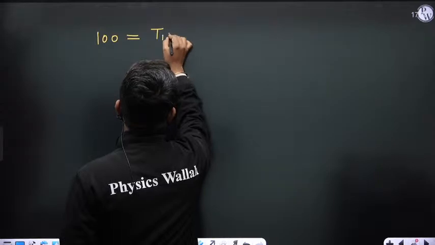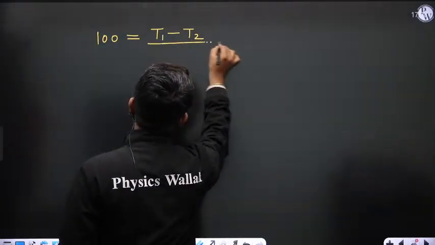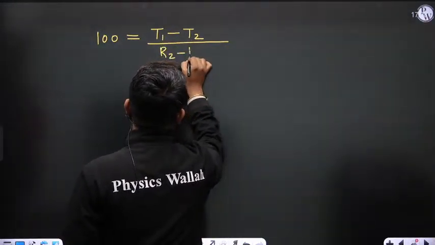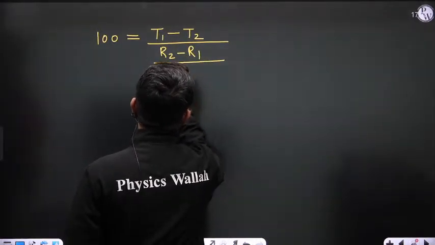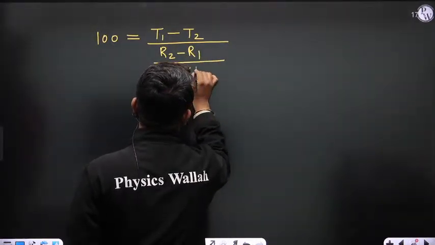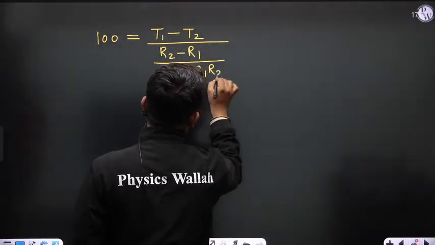What is the conduction heat transfer? This is T1 minus T2 divided by (R2 minus R1) divided by 4 pi K R1 R2. This is a thermal resistance.